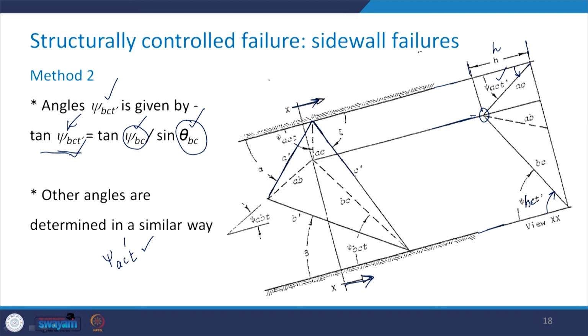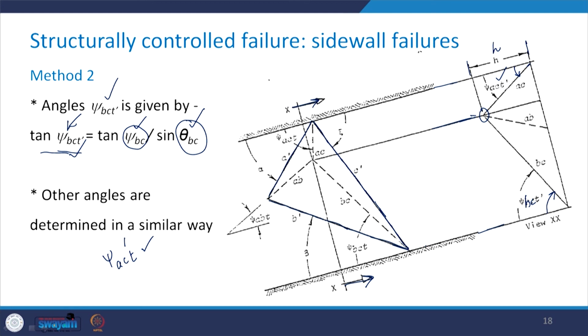Once you know this height of the wedge, and in the plan you can get the base area of this side wall wedge. In this view you can get the area. So you can obtain the volume of the wedge which is formed in the side wall and has a tendency to slide.